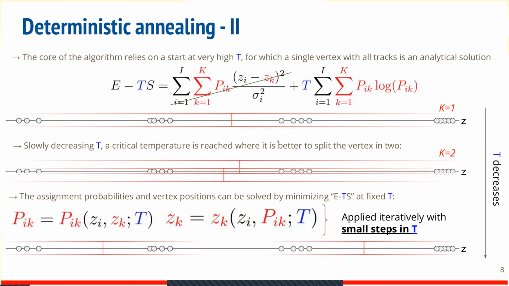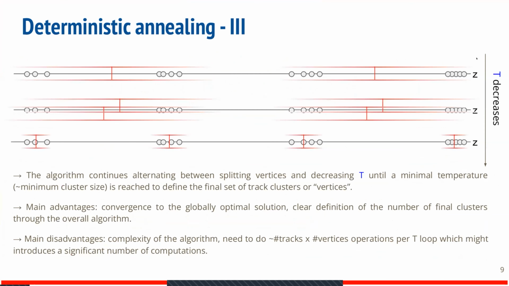The idea is that once t is small enough, you reach a point in which this hard cluster is split into two, and then you can compute minima of this equation that let you compute solutions for the probability of assignment and the positions of the vertex depending on the temperature. So if you do this iteratively with small steps in t, you get an evolution of the solution that goes, as the temperature decreases, towards the region in which you reach hard clustering.